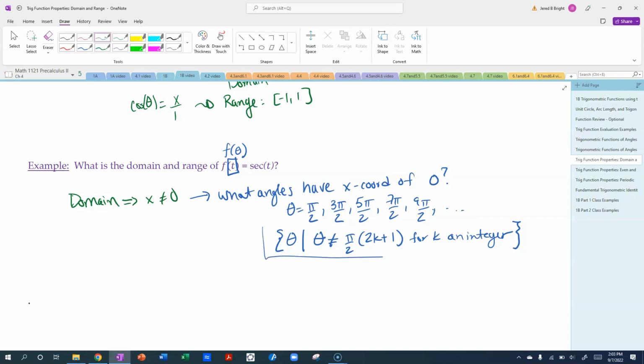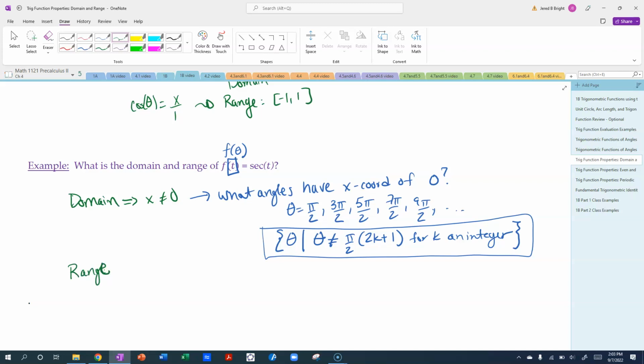So that's how we would represent the domain of secant, okay? All the places where we have an x-coordinate of not 0, okay? Range is a bit trickier with the other functions.